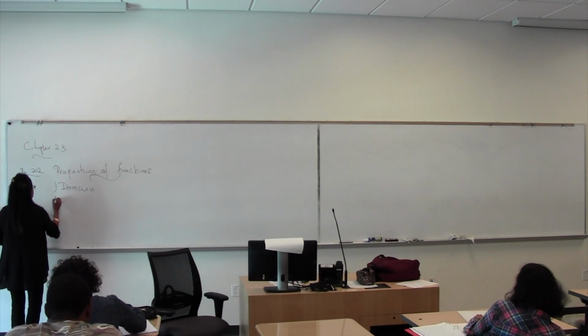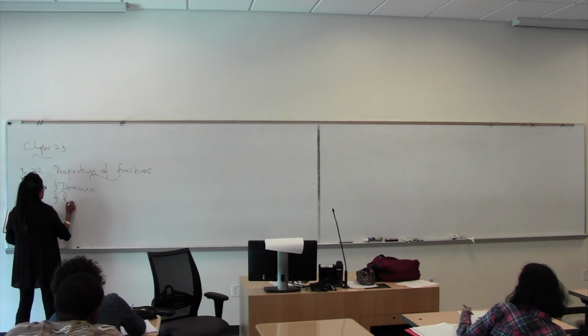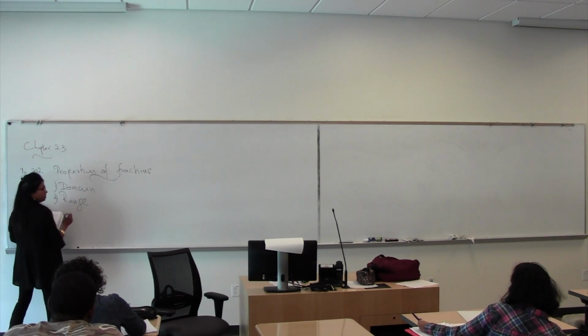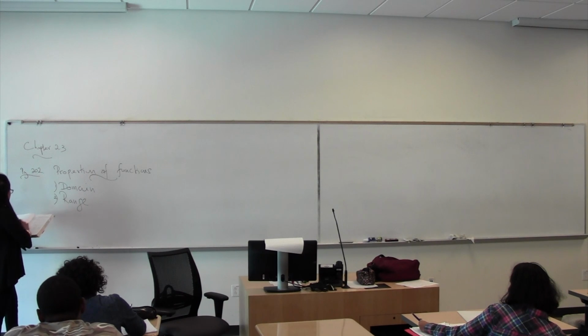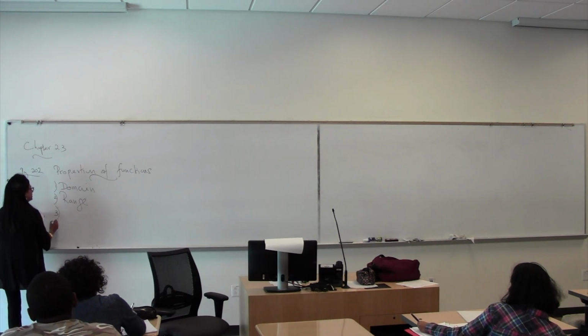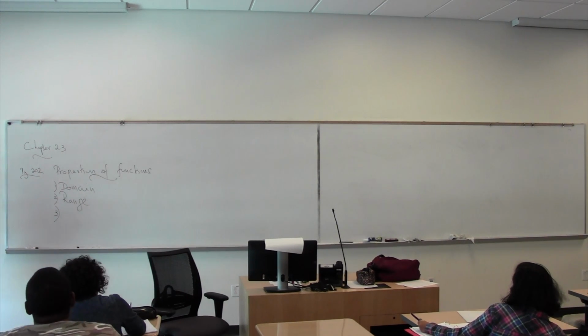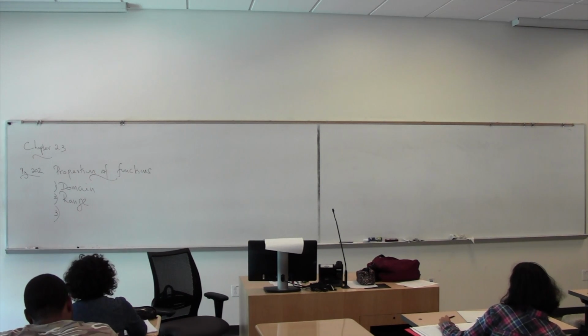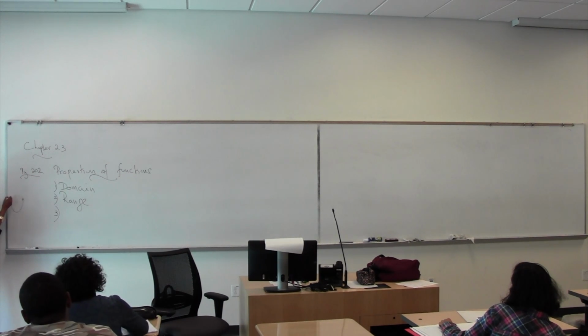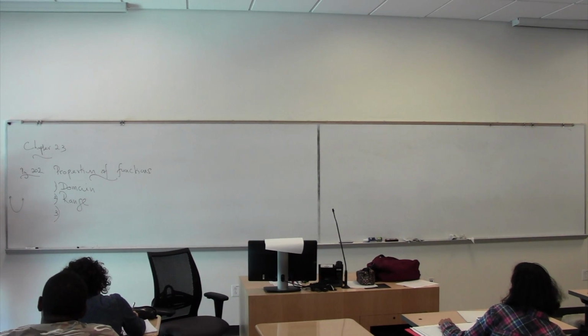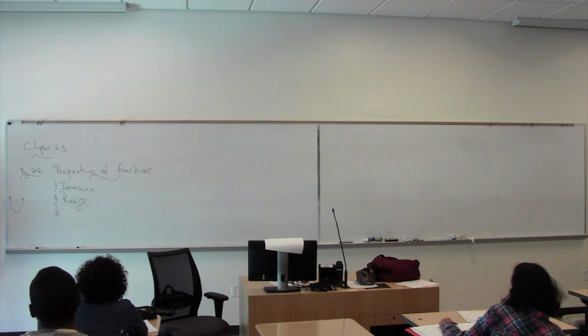Domain, and then we also need to know range. And what else do we know? We discussed this in chapter 1.7, 1.8, when we were graphing a parabola. The vertical line test is to determine whether a given graph is a function or not.